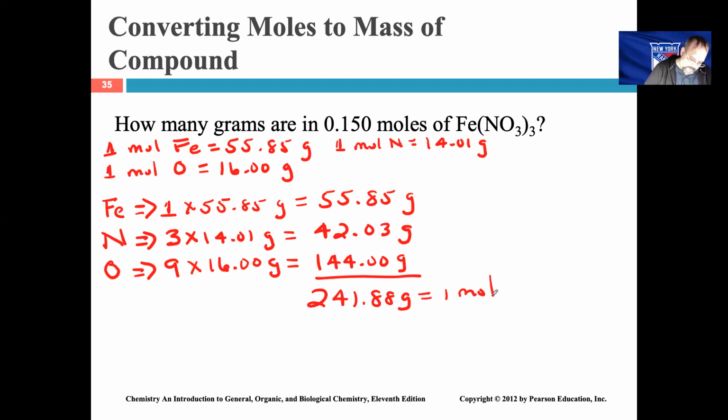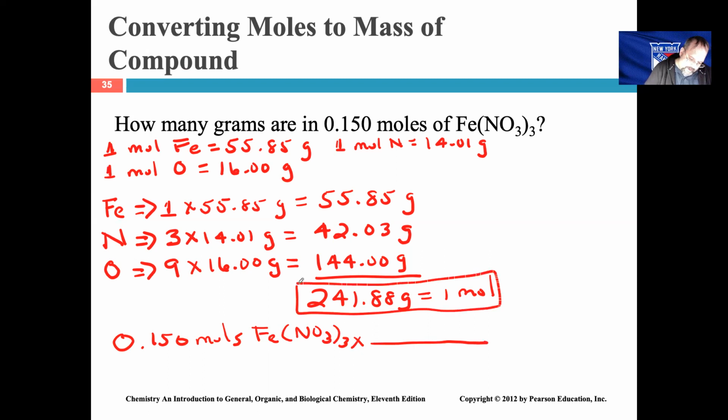So in the question, we're given 0.150 moles of the iron 3 nitrate. We're going to multiply that using the molar mass of the iron 3 nitrate as a conversion factor. And this time, we're looking for a number of grams.